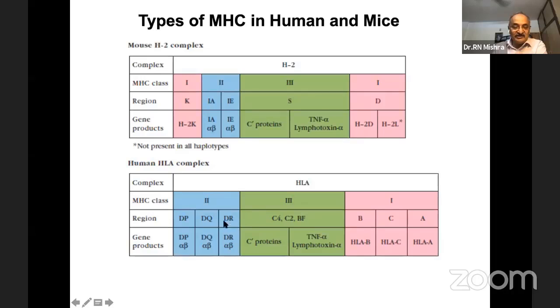And rheumatoid arthritis is associated with certain loci of DR. And diabetes mellitus is again associated with certain alleles of DQ and DR. Similarly, when we make a genetic association with disease, when we say that it is B27 or B52 with a particular disease, it means it's the B locus allele that is associated with that disease.